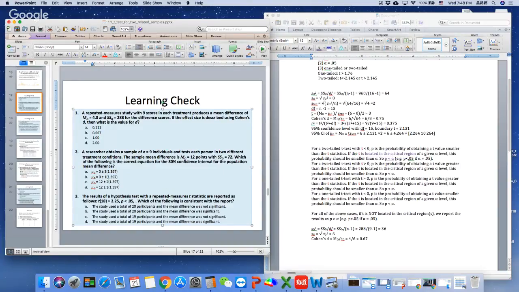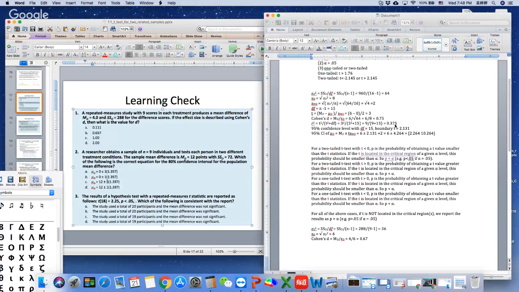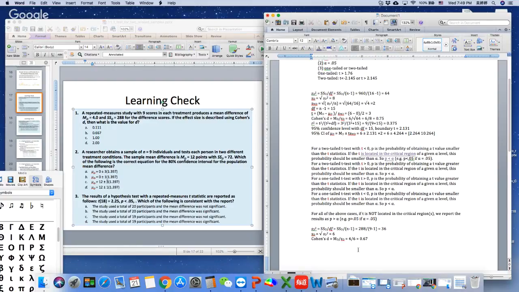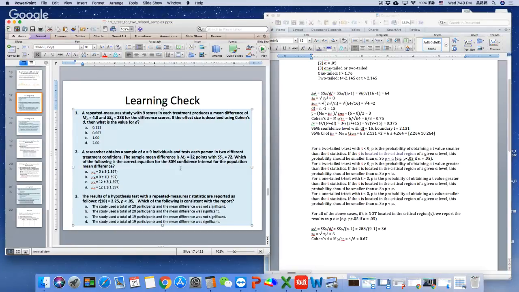What's the difference? The centers are different, and the SMD values are different. So we are going to compute the MD and the SMD. MD we know, which is 12 points.